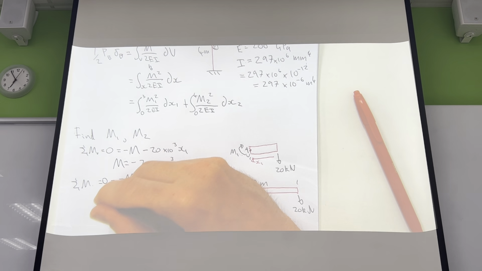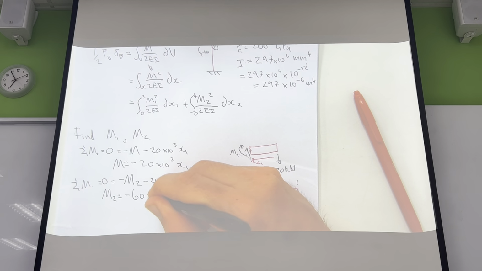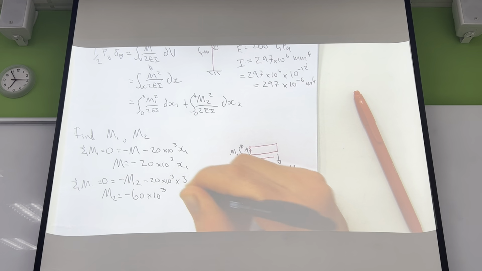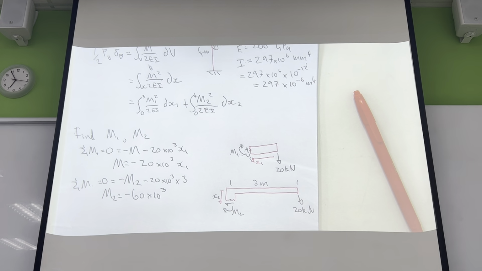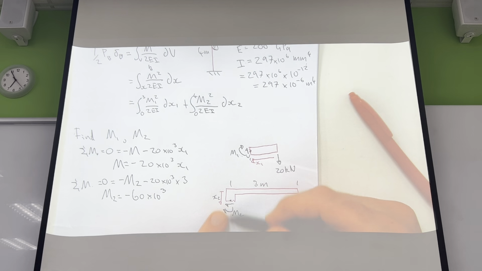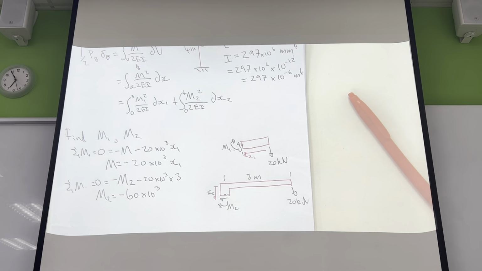So here we have that M2 is simply just negative 60 kilonewtons. No matter what value, as we change the value of x, that distance and that force is still the same. So the internal bending moment is still the same.